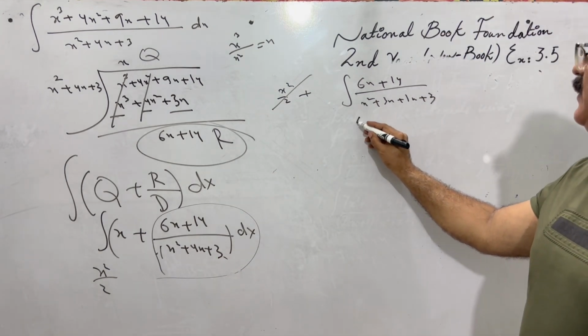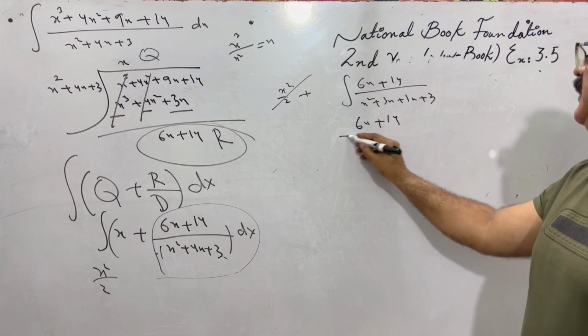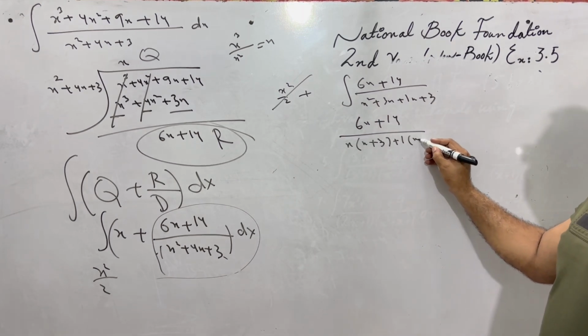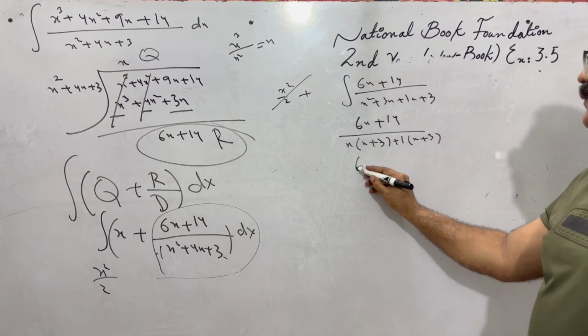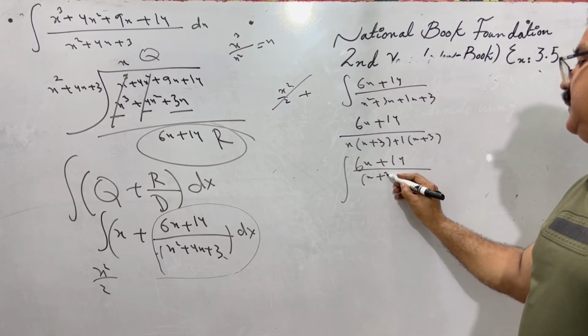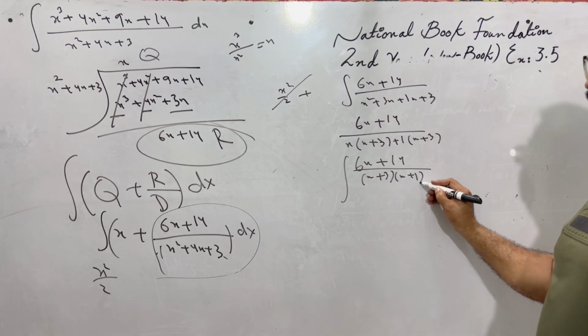We have 6x plus 14. One bracket has x common, x plus 3, plus 1 common, the other bracket is x plus 3. So we have something like this: x plus 3 times x plus 1 dx.